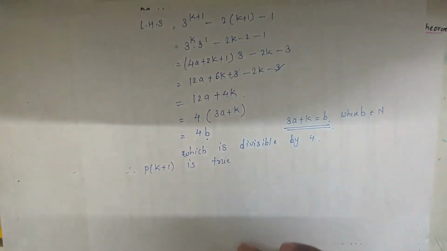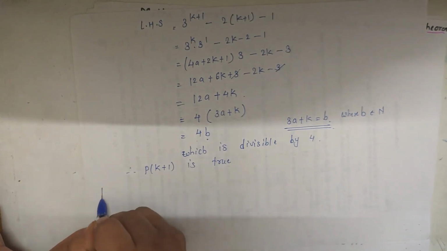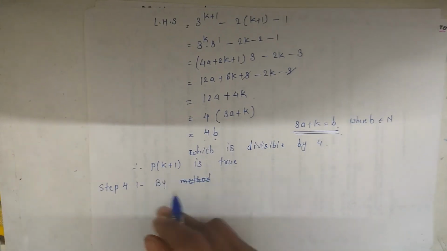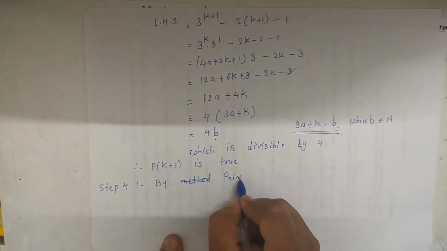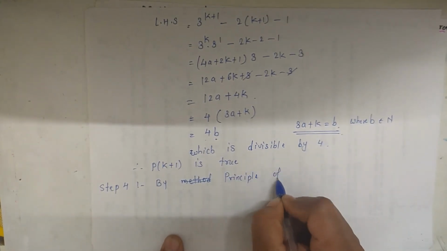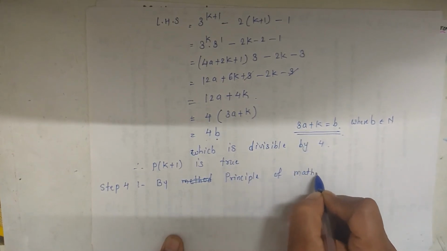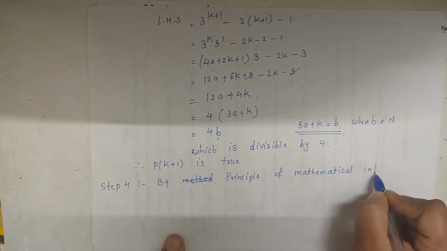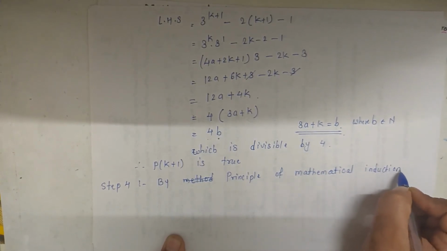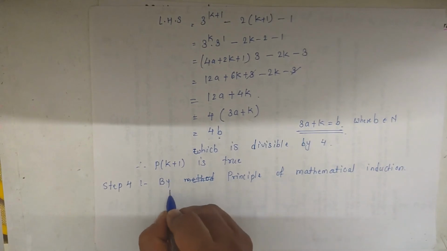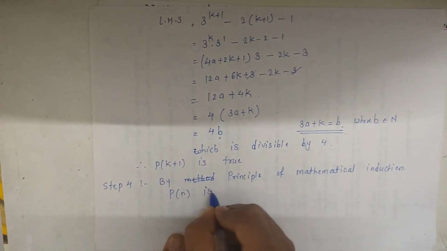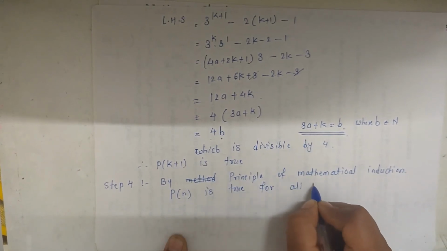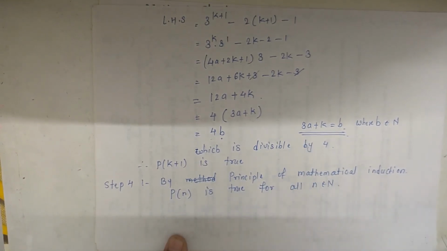And from these 3 steps, in step 4, by the principle of mathematical induction, P of n is true for all n belonging to the natural numbers.